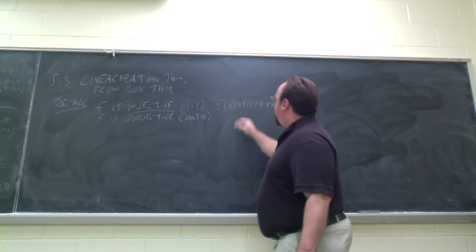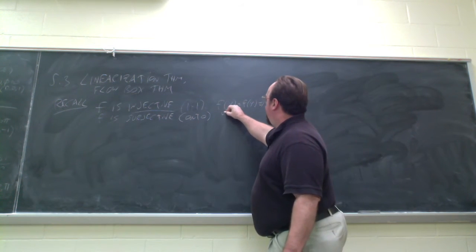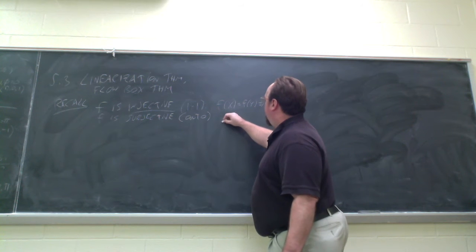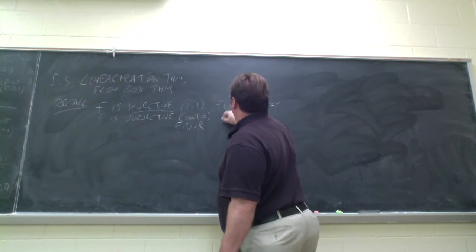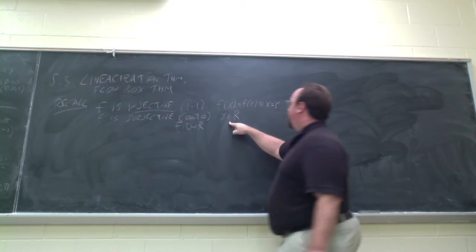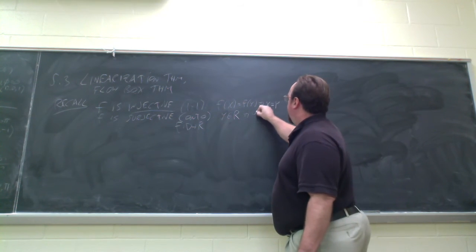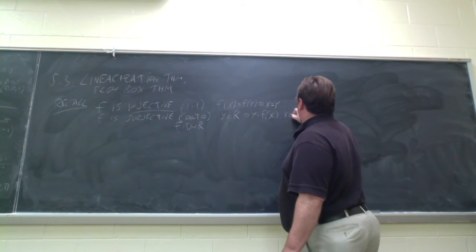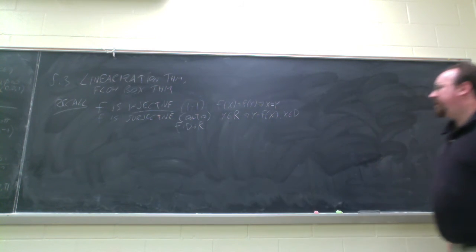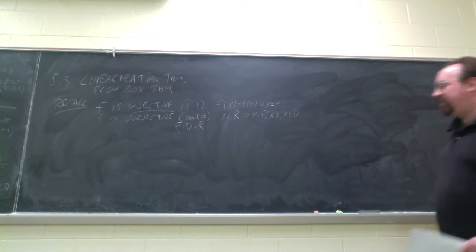And the meaning of that is, okay, if f maps a certain domain to a certain range, then any y value in the range is f of some value in the domain. So nothing in the range is left out.